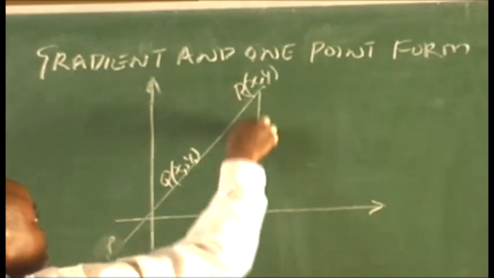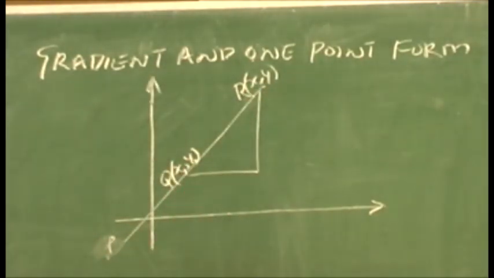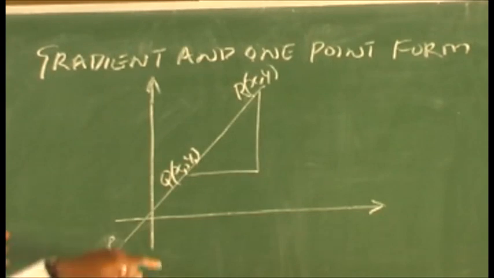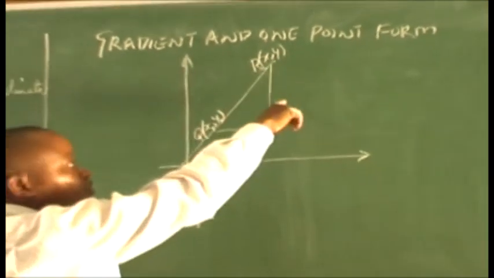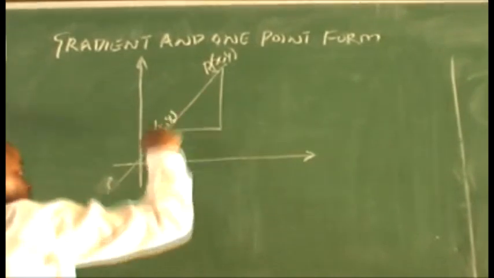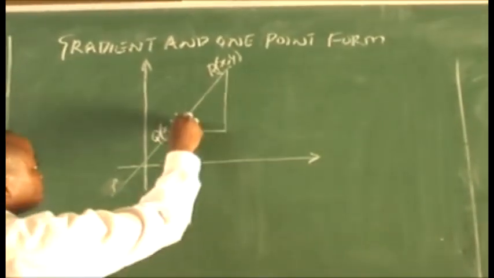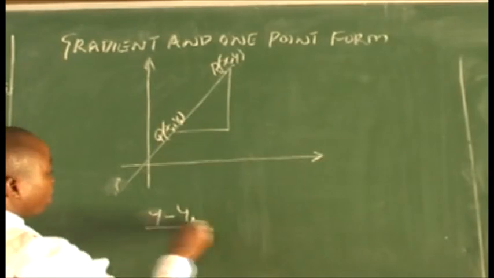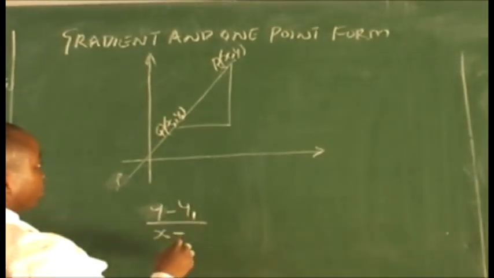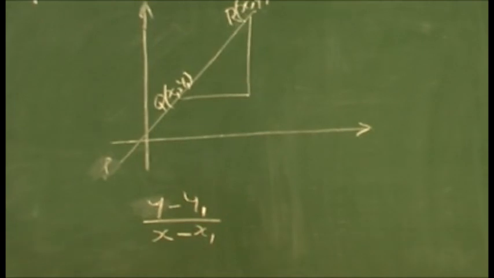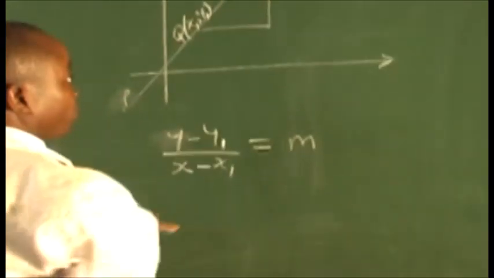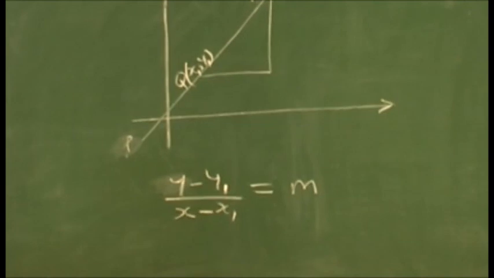Now, if I take the gradient of this, we know that gradient will be y minus y1 all over x minus x1 will be equal to m, will be equal to gradient, which we really know.